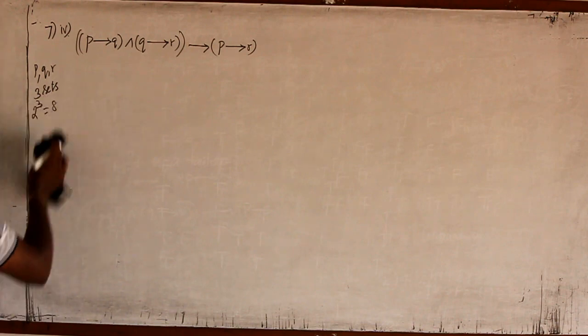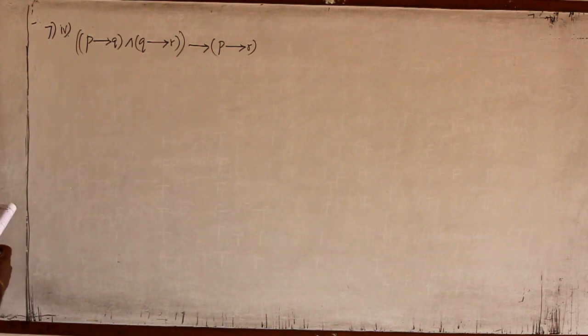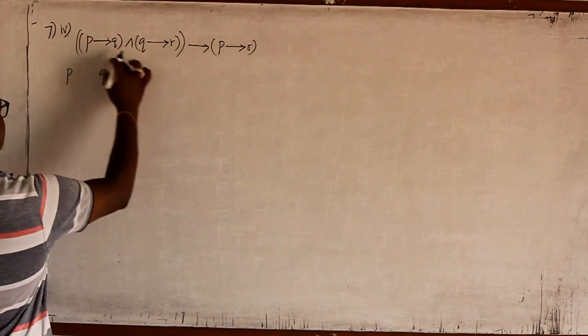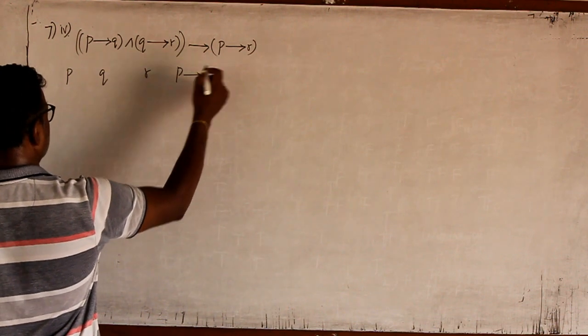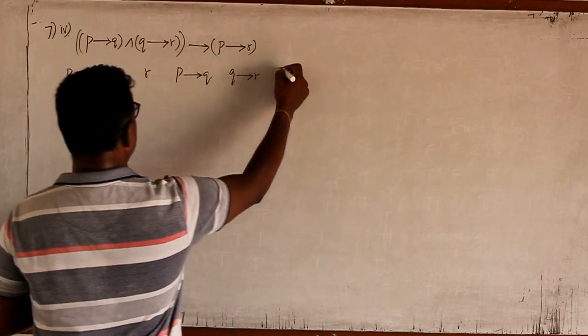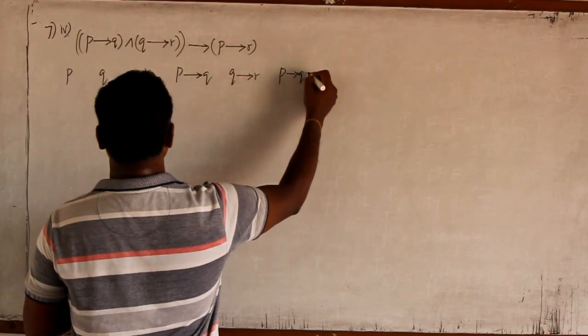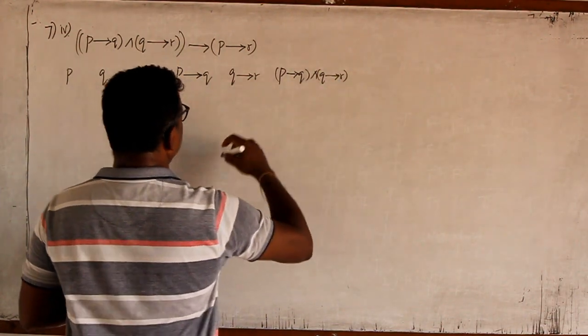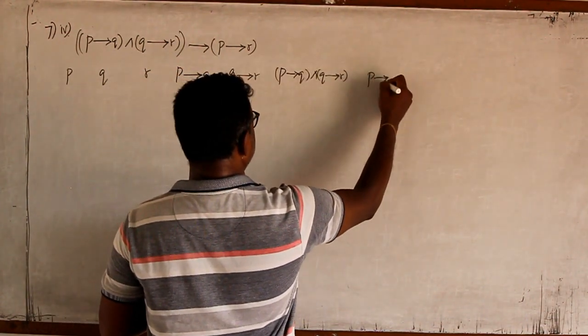So P must have 8 elements. Q must have 8. So first P, then Q, then R. We shall find P then Q, then Q then R, and then P then R.